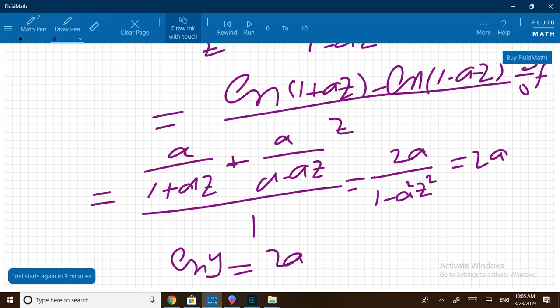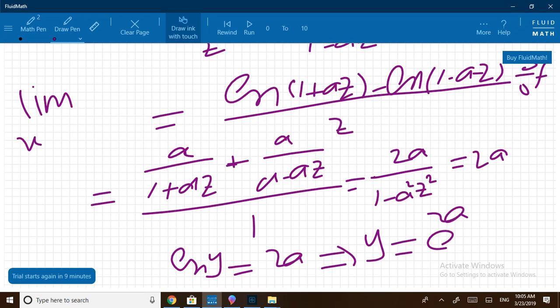So the limit implies y is equal to e raised to the power 2a. So what is y? The limit of y as x approaches infinity is e raised to the power 2a.